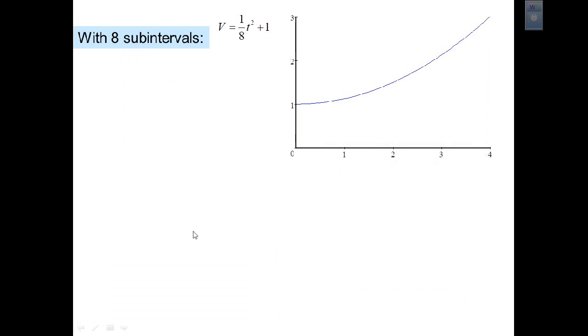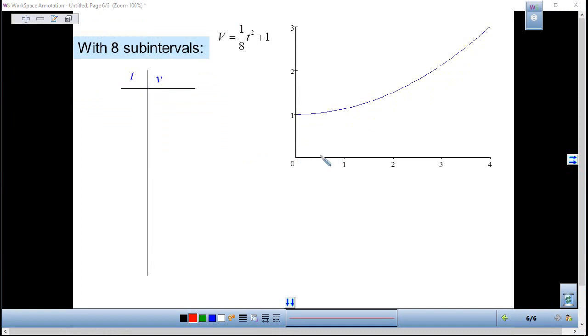So we need to find out how wide our subinterval is first. And that's going to be from 0 to 4 divided by how many subintervals you want to have. So that's going to be 0.5 is the width of the subinterval. So our first subinterval will actually be from 0 to 0.5, 0.5 to 1, 1 to 1.5, 1.5 to 2, 2 to 2.5, 2.5 to 3, 3 to 3.5, and 3.5 to 4.